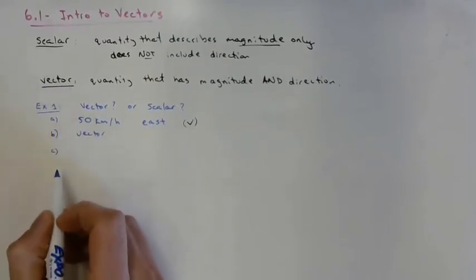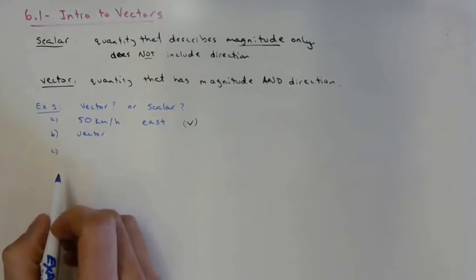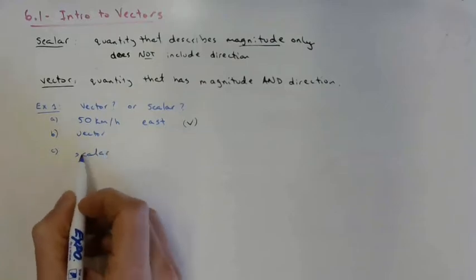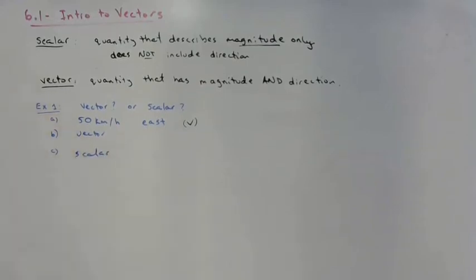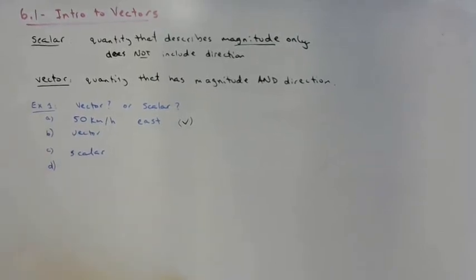C says a man's mass of 88 kilograms. Scalar. Could mass even be a vector? Can you be a certain weight in a certain direction? I guess you can represent it as 88 as a quantity.